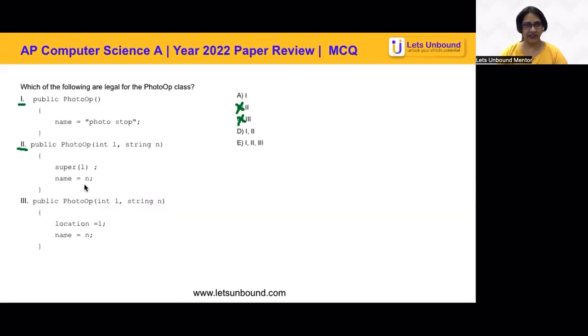After that, we assign the variable name the value n. So this also seems to be fine. So 1 and 2 are the correct constructors.